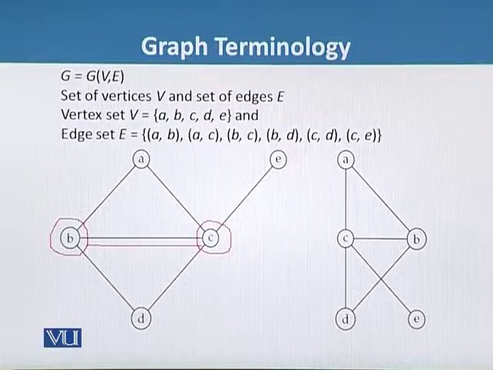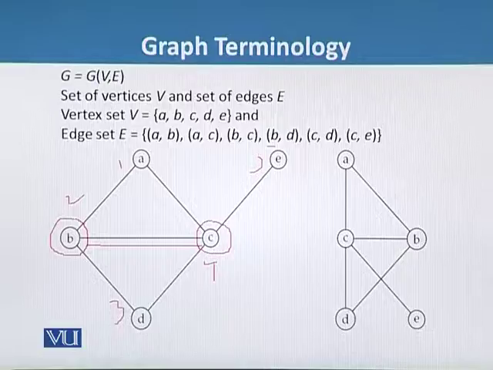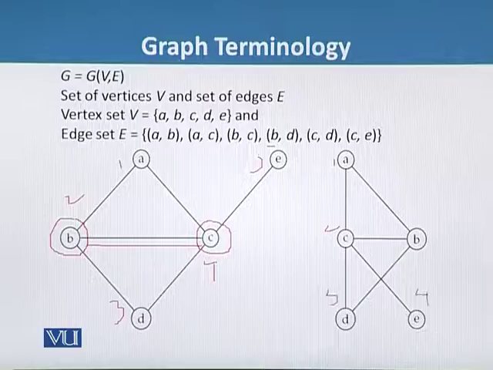In this diagram we can see the vertices and the edges, and we can see that both diagrams consist of 5 vertices, 1, 2, 3, 4 and 5, and this diagram also consists of 5 vertices, 1, 2, 3, 4 and 5.